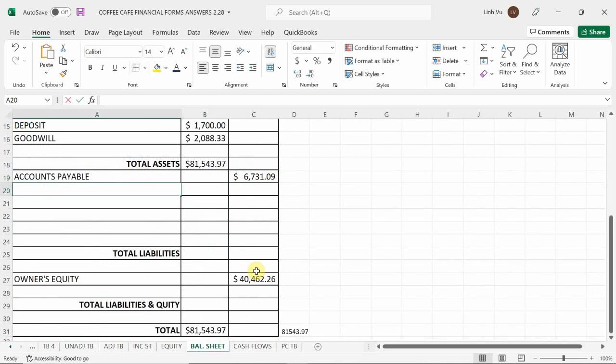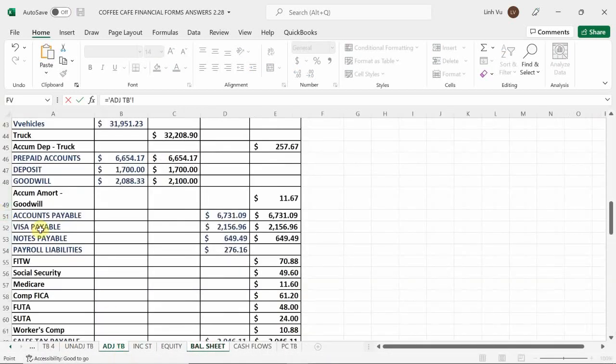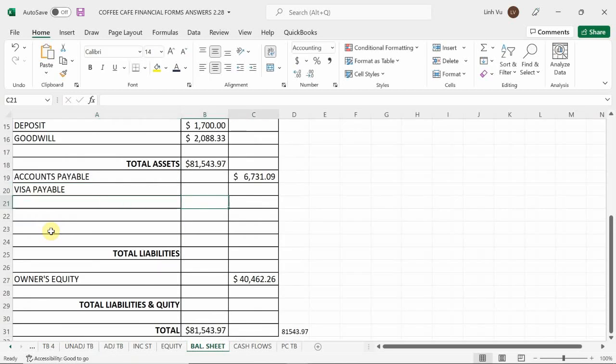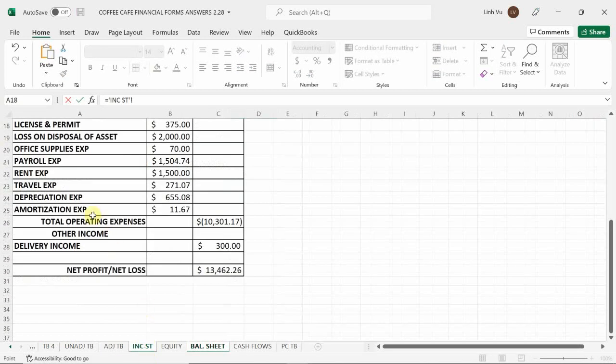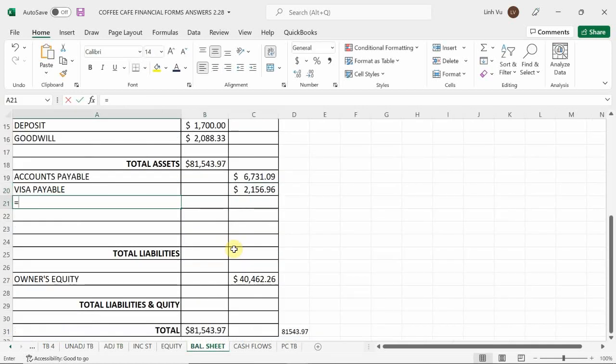I have a Visa payable, outstanding at a total of $2,156. I have a notes payable.